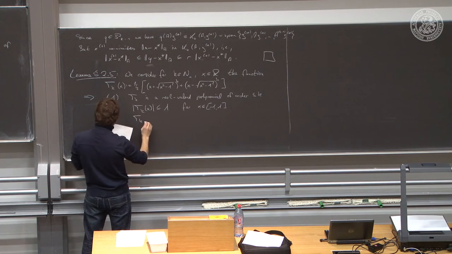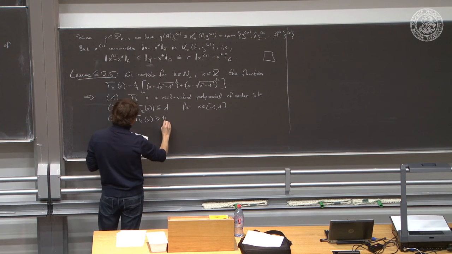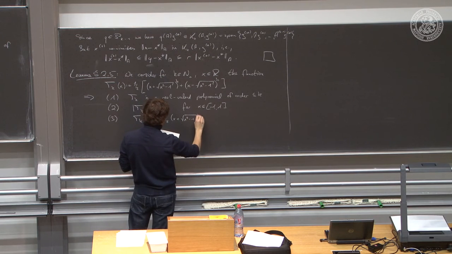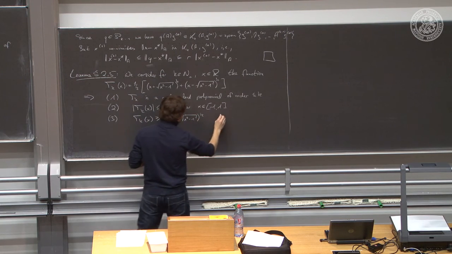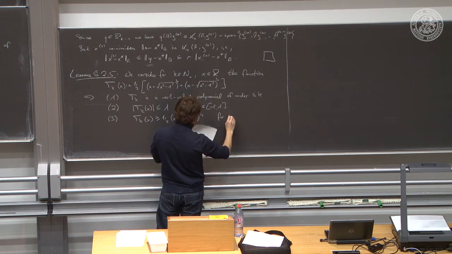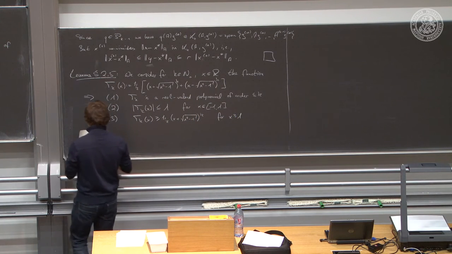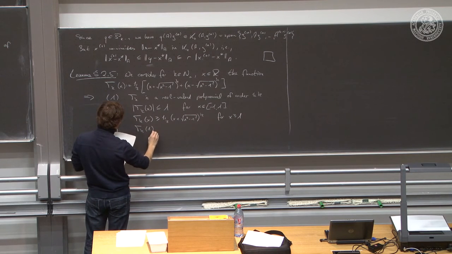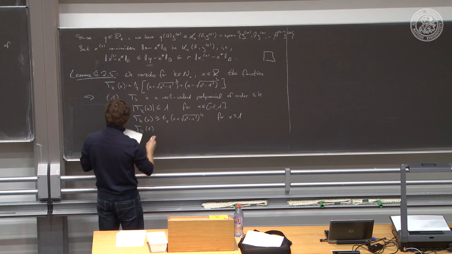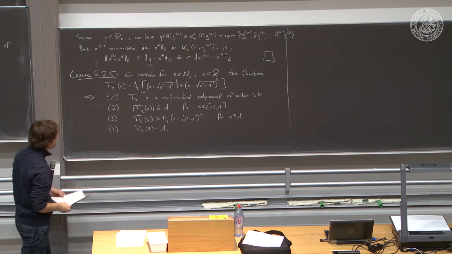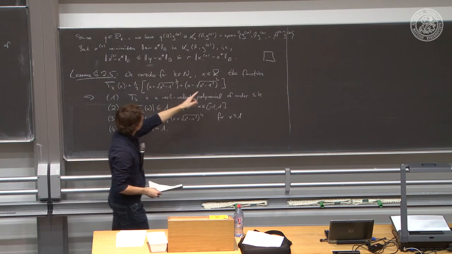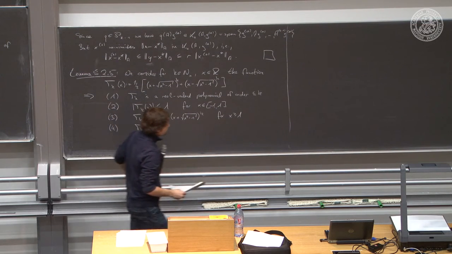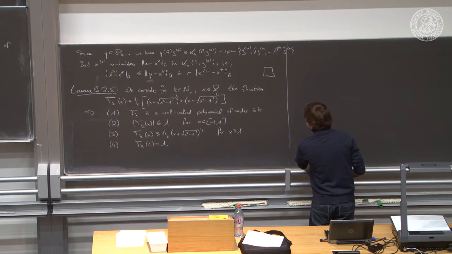The third is that T_k of x is greater than 1/2 times (x plus the square root of x squared minus 1) to the power k for x larger than 1. And the fourth assertion is that T_k at the point 1 is 1. This is true: this is 0, this is 0, this is 1, 1 plus 1 is 2, 1/2 times 2 is 1. Okay. So now let us verify these 4 assertions.